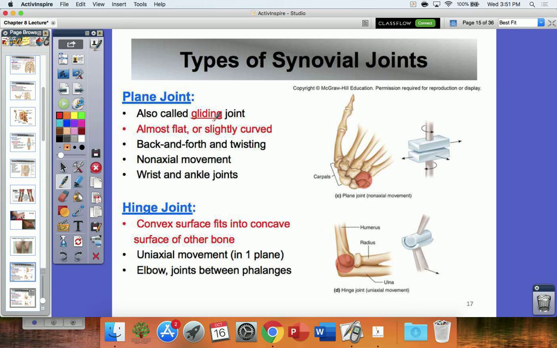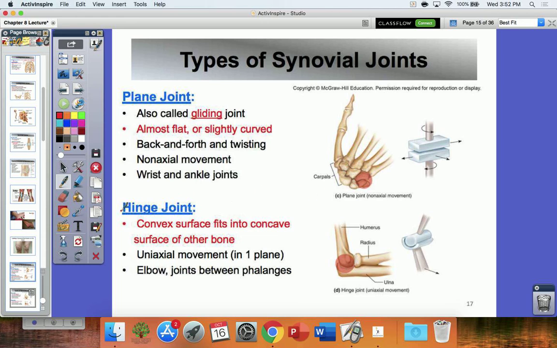And of course, we have ligaments that are going to hold them together, so they're not just sliding past each other and the wrist is just falling off of the body, but we do have ligaments that are there to hold them so they can slide as much as they need to. So we find this in our wrists and our ankles as well. So our carpals and our tarsals.